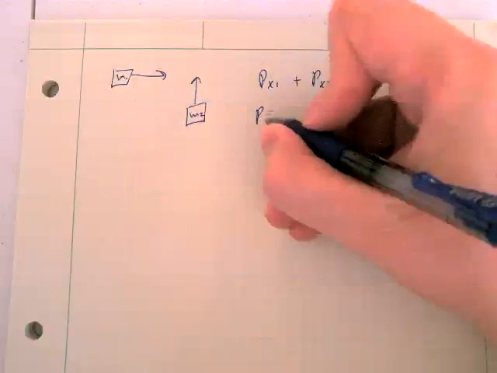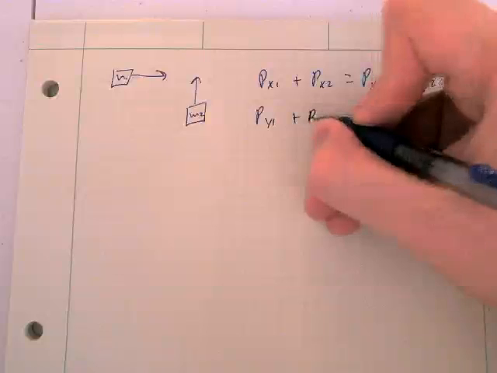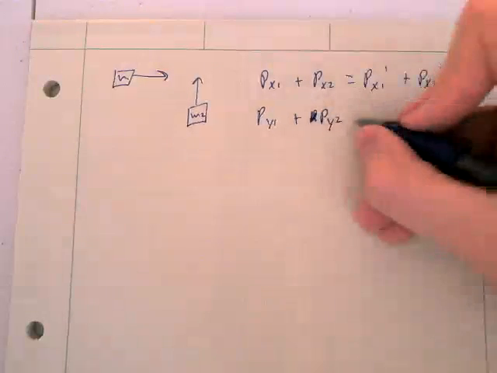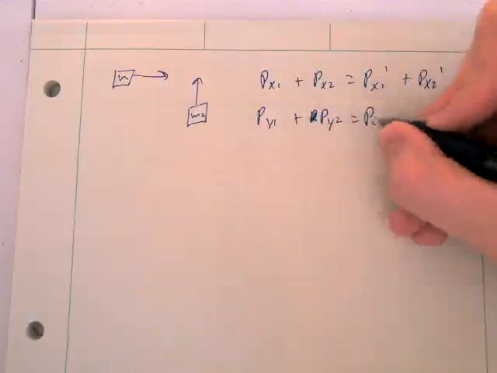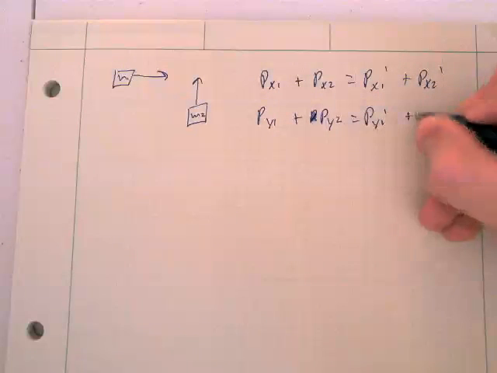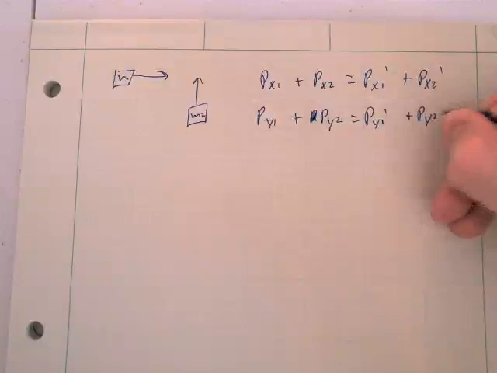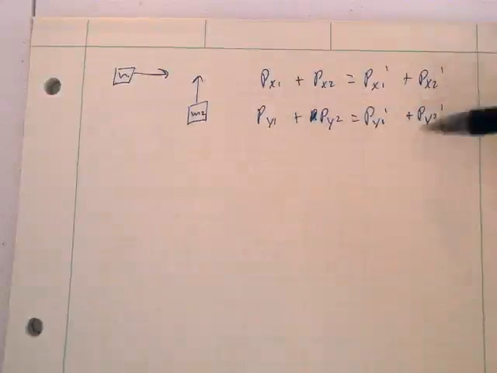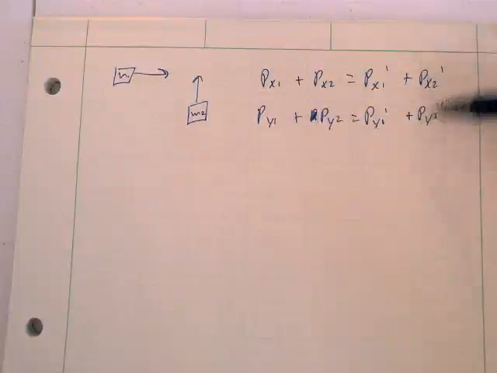And you would have py1 plus py2 equals py1 final plus py2 final, right? So essentially we just now have another dimension to conserve momentum in, right?